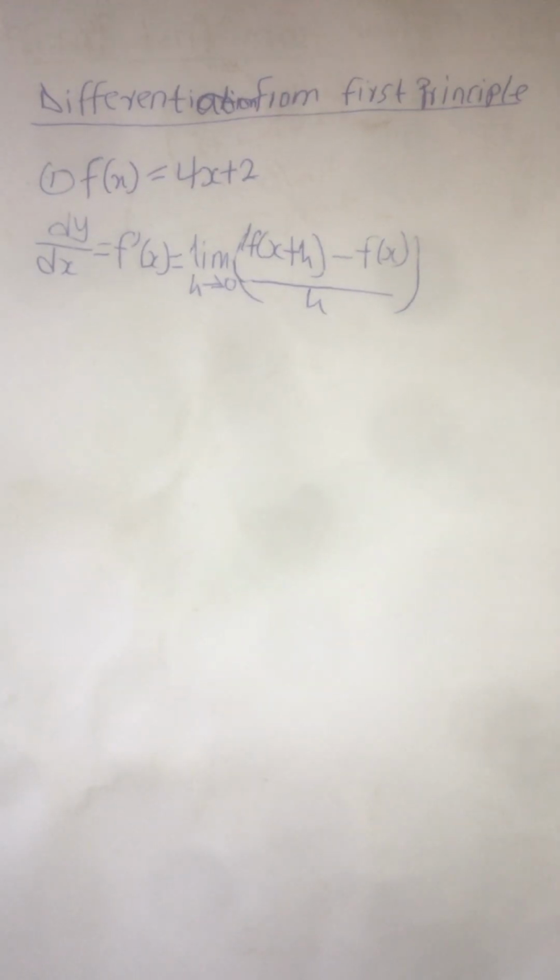Right, so this is the formula we have to use. Wherever you see x, you put x plus h, and definitely the coefficient will be multiplying x plus h.